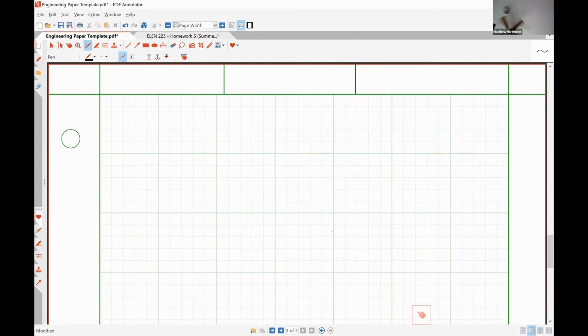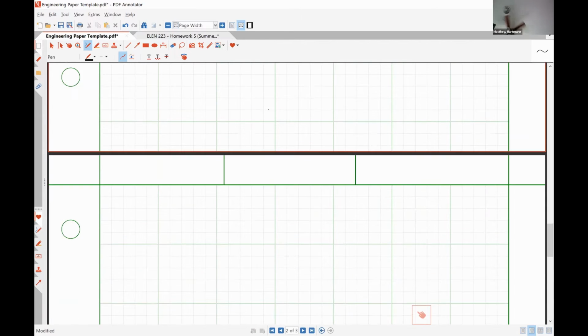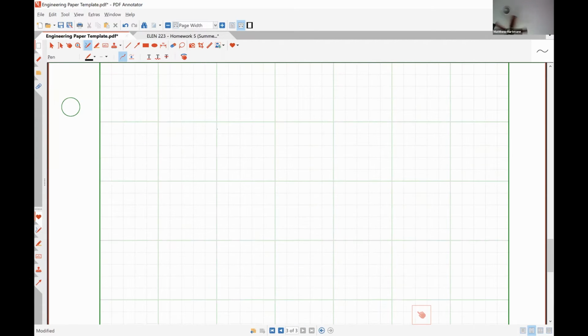So an inverting summing amplifier is going to look something like this. We have a negative feedback path. Let's call this RF, V out.